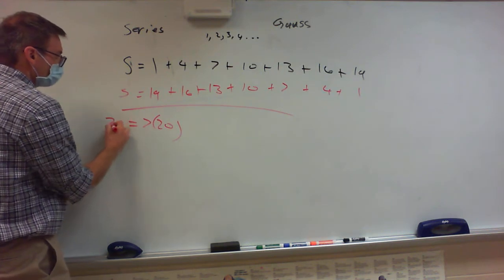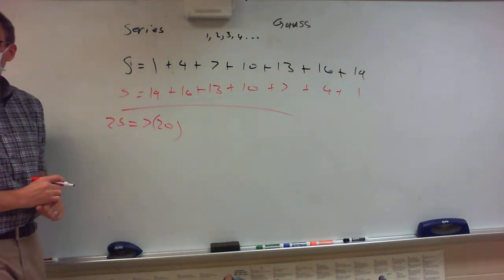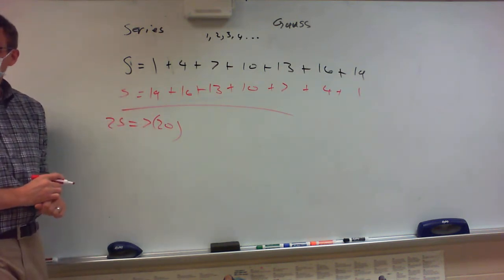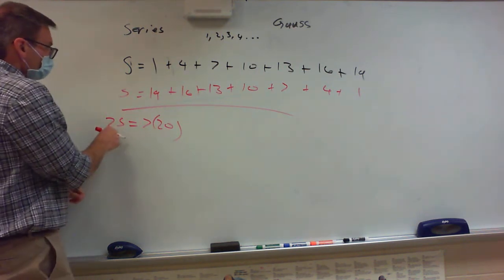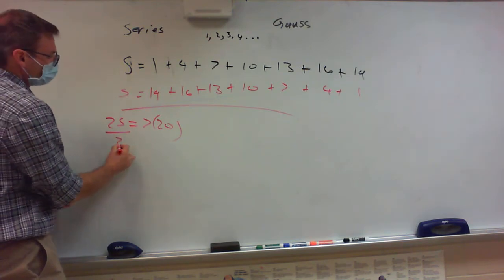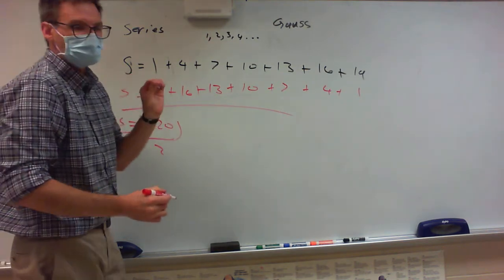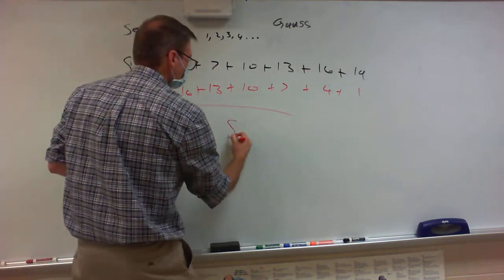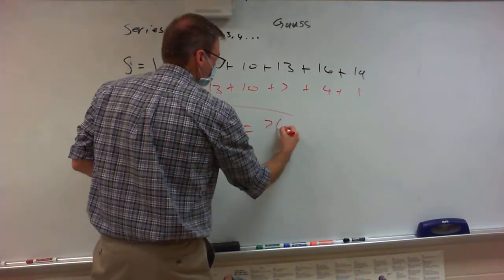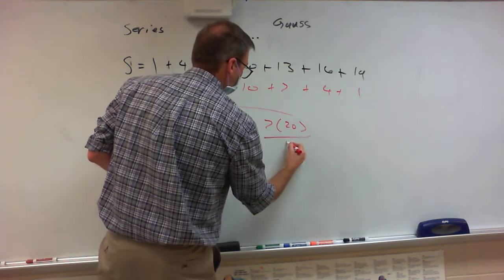And that's going to be twice what we need, right? Does everybody see that? And so if that's twice what we need, we're going to divide by 2. And so here's what I know, I know that the sum is going to equal 7 times 20 all over 2.